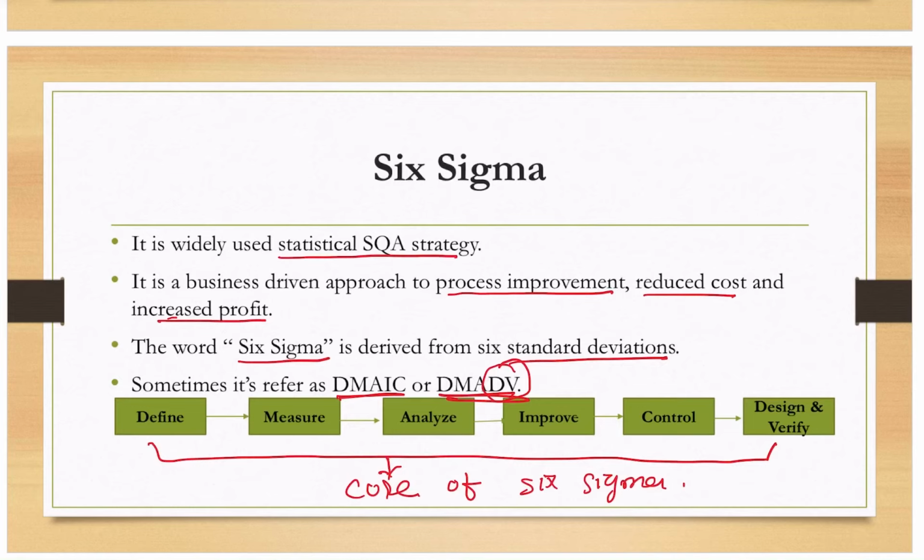The existing process and its output is measured in order to determine current quality performance. Now, the third one is analyze. In this phase, defect metrics are analyzed in order to determine the vital few causes.